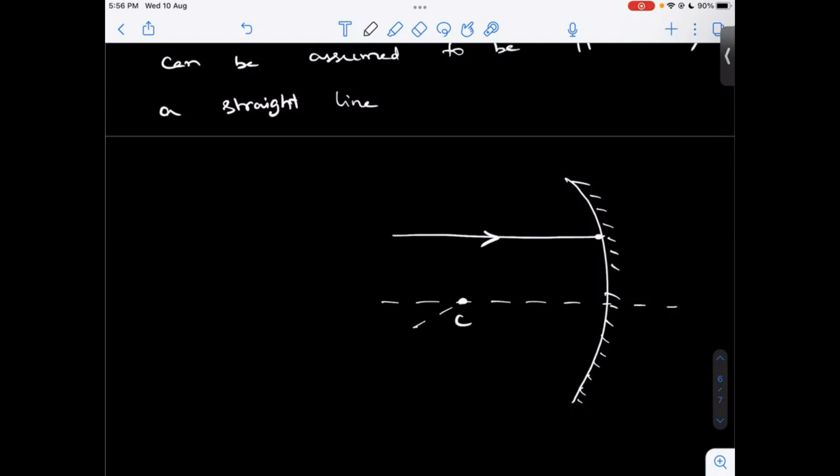This is T. If this is theta, this will also be theta, and this point will be focus, this point will be P. I told you this curvature can be approximated to a straight line so that it looks like perpendicular.